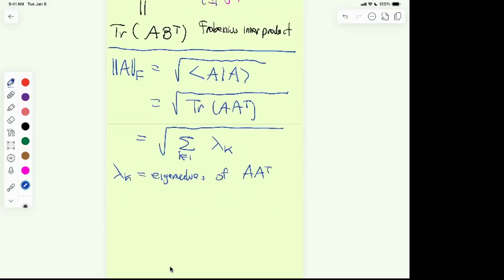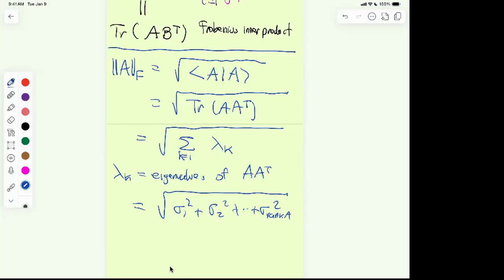So isn't that almost like a Pythagorean theorem? It's a sum of squares, where the sides of the triangle are replaced by the lengths of the singular values.